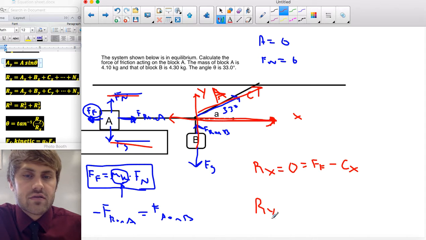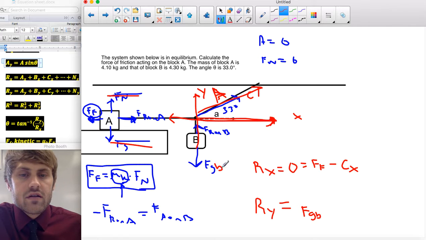Likewise, our resultant of this is going to have a y component. That y component tells us that the force of gravity, F of g on B, is going to be equal to 0 because we're in equilibrium, and it is going to be equal to this guy minus, and then we'll call him C of y.